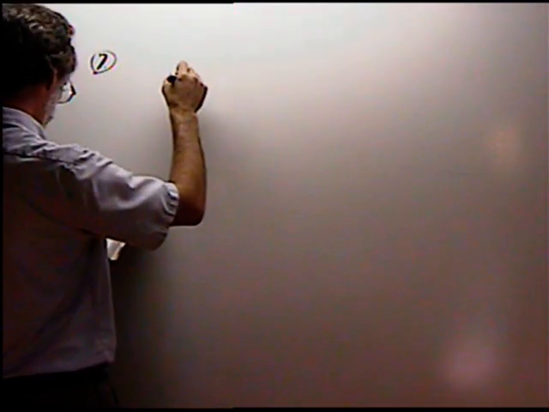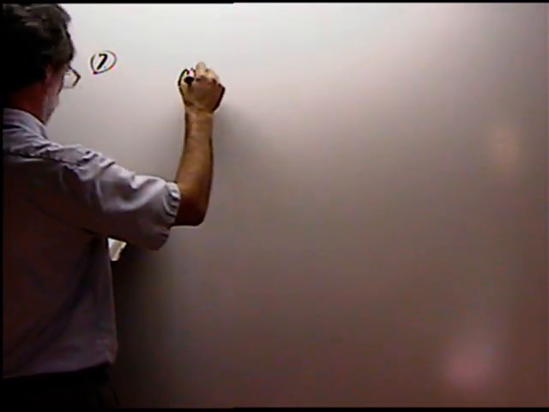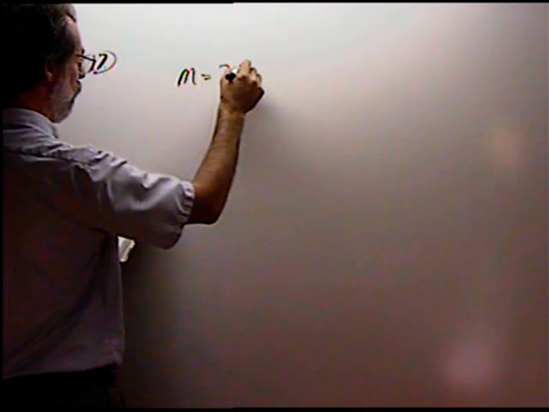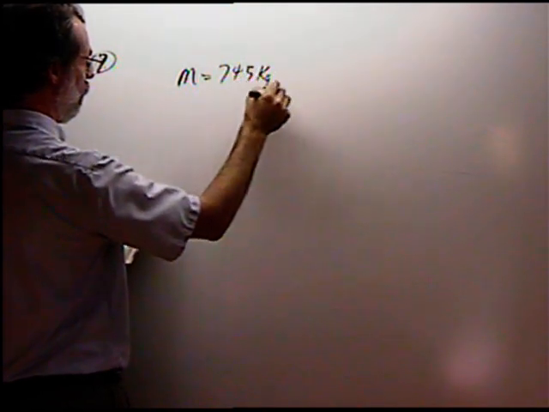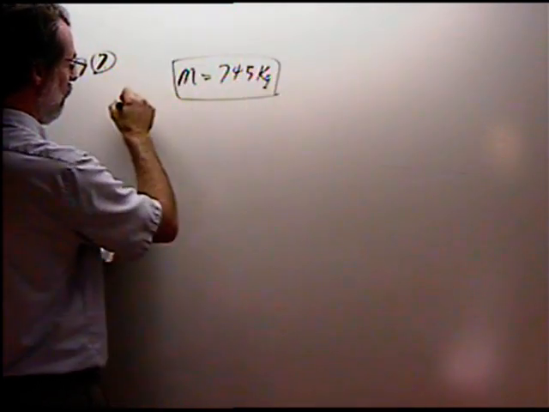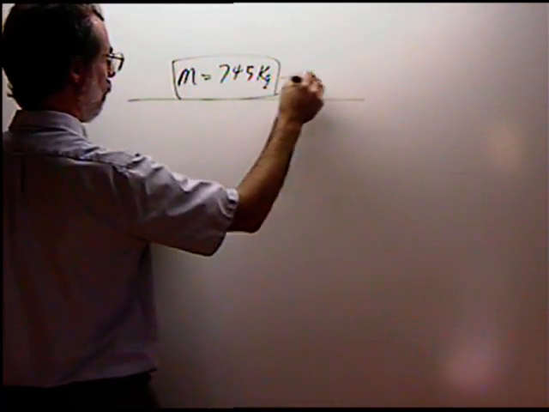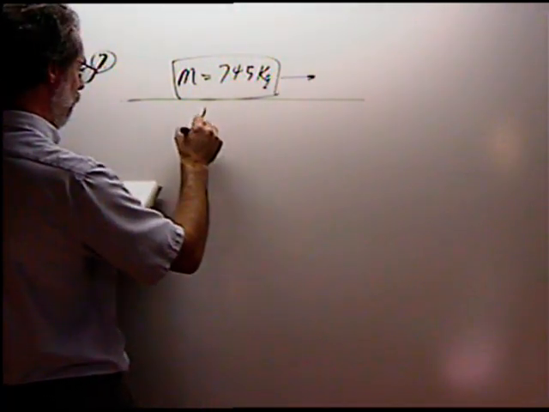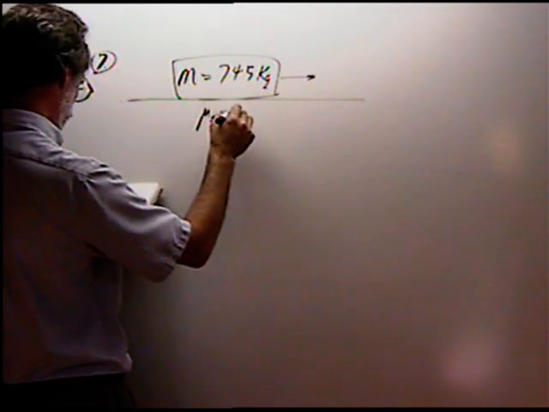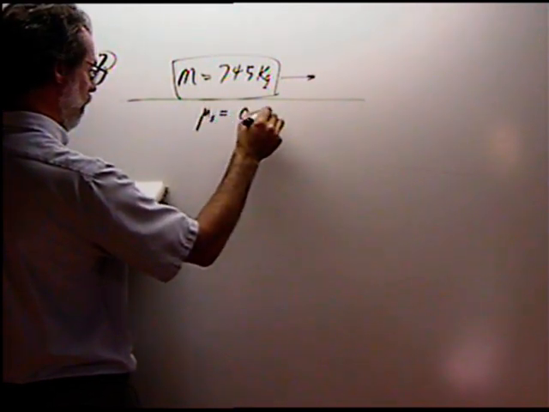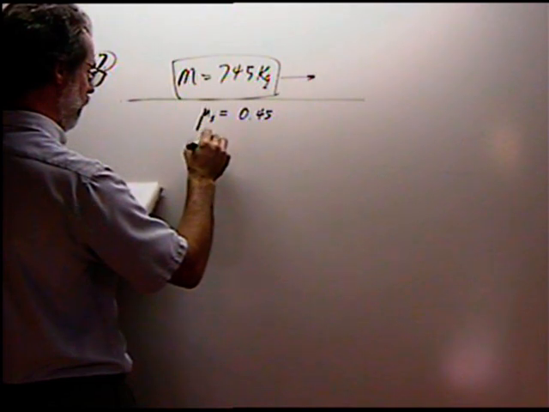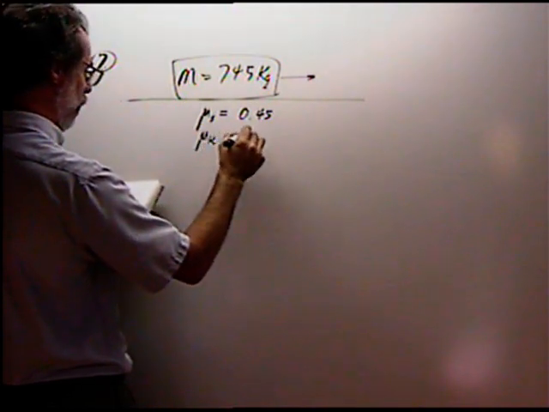A box with a mass of 745 kilograms is sliding across the floor. And it says that the static coefficient of friction is 0.45. The kinetic coefficient of friction is 0.32.